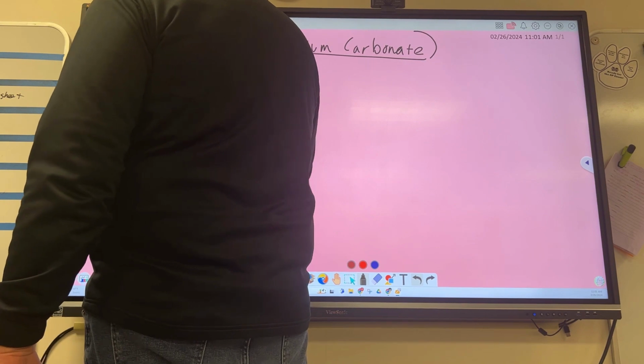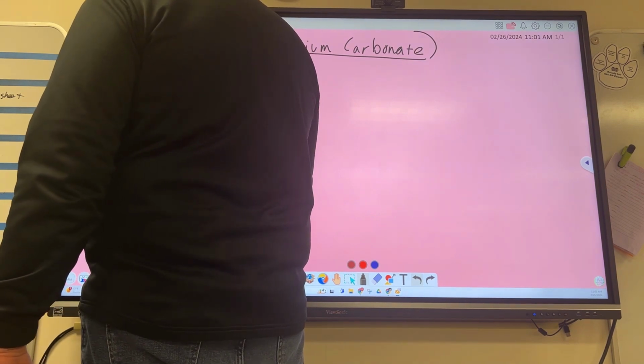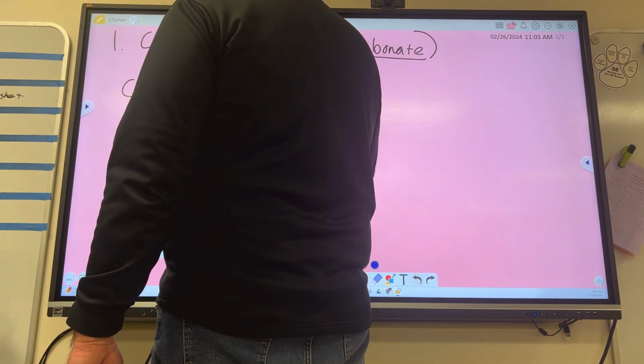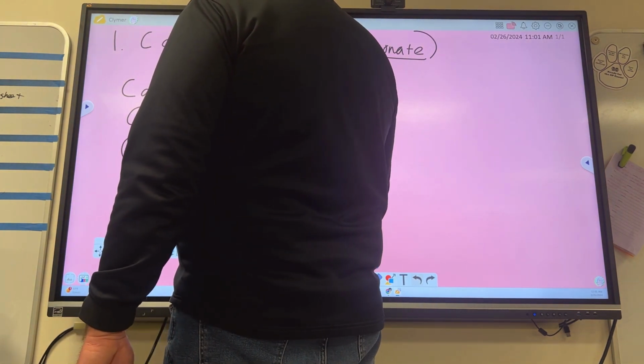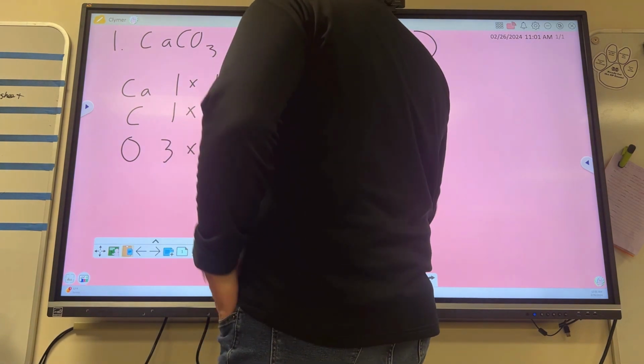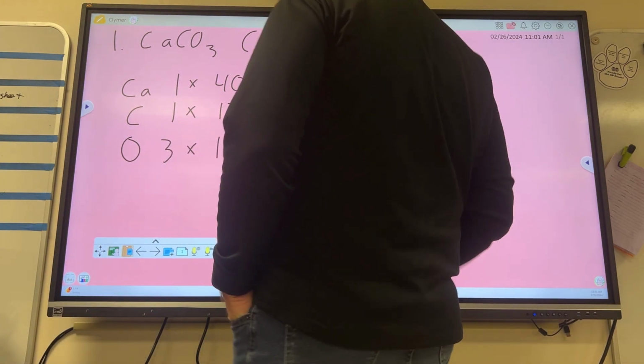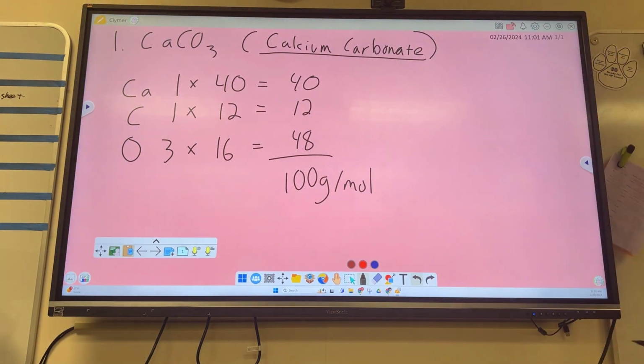Carbon is 12, oxygen is 16. For the purpose of this worksheet, we have already calculated what number.